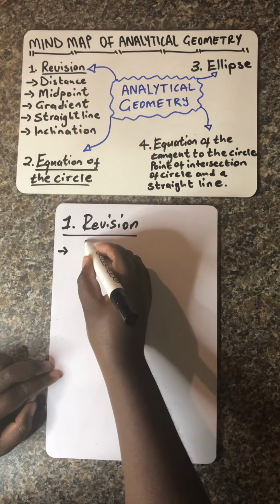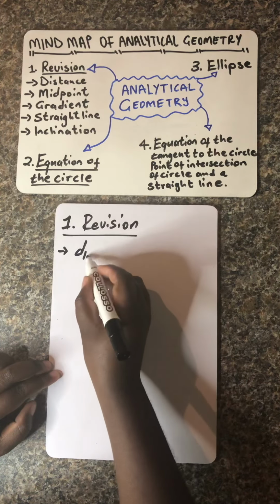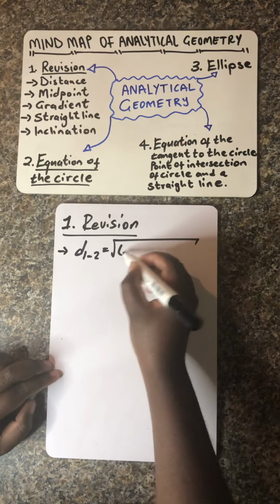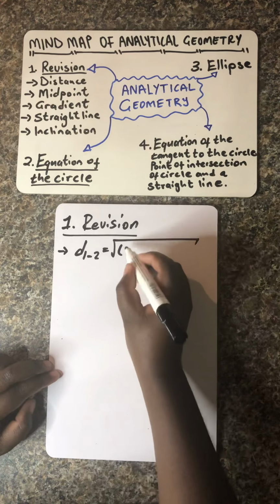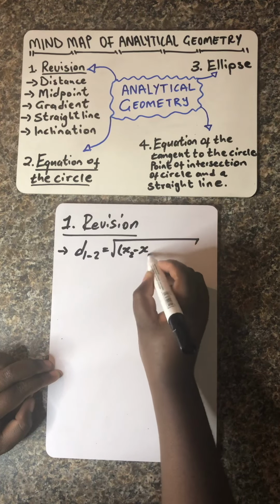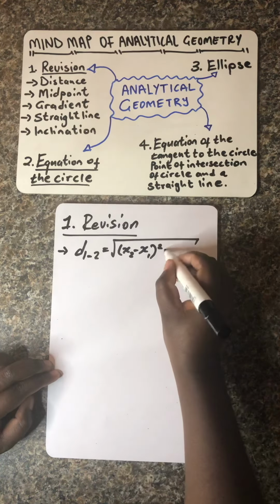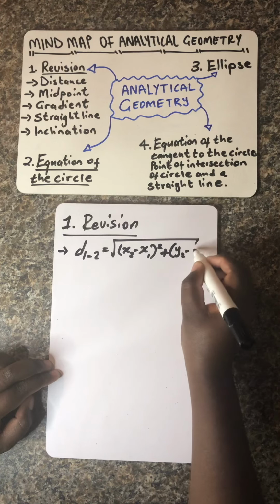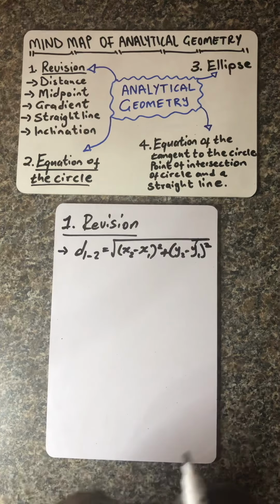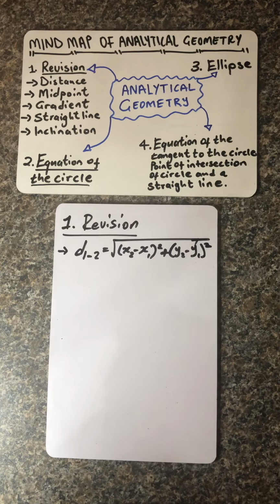Just to write it down, the distance between point 1 and point 2 equals the square root of, in brackets, the x coordinate of point 2 minus the x coordinate of point 1, squared, plus the y coordinate of point 2 minus the y coordinate of point 1, squared. Very, very important. I'm also going to teach you where this formula comes from. That is going to be done in the next lesson.